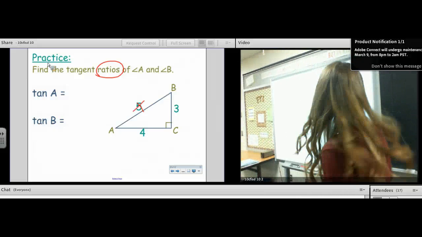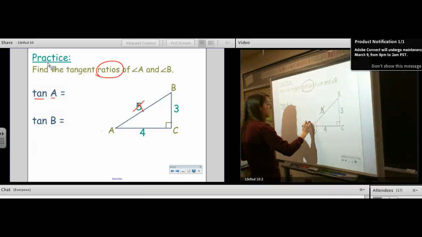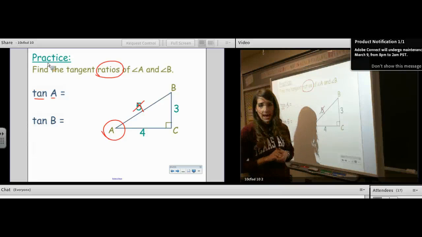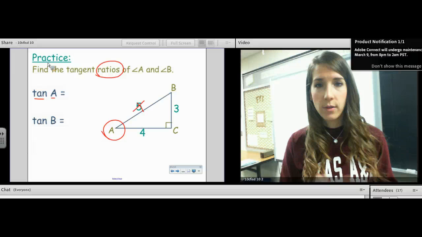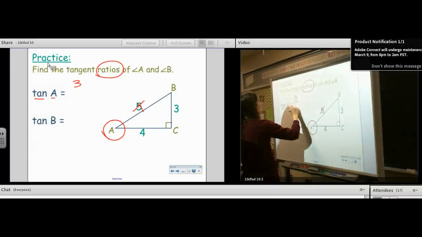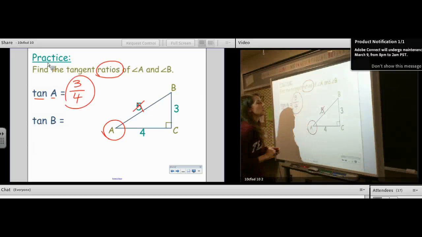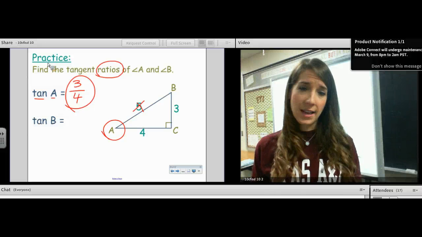All right, the tangent of A. On your worksheet, you would go to A and circle it. And then we learned the tangent is opposite over adjacent. And that is the answer to that problem. It's just a ratio. It's just a division of sides.